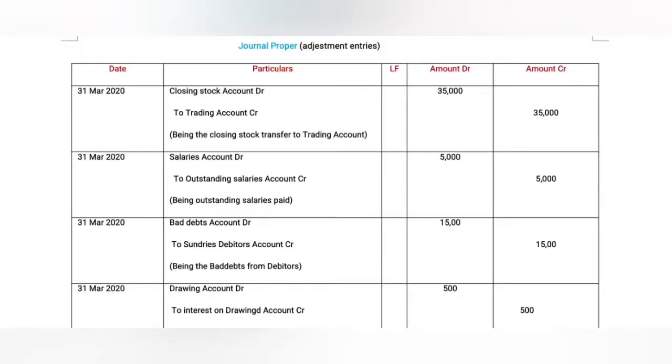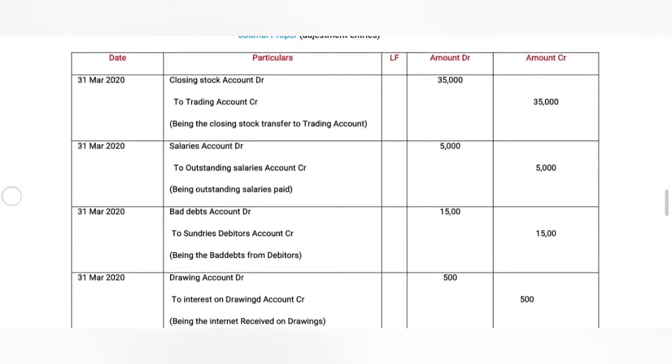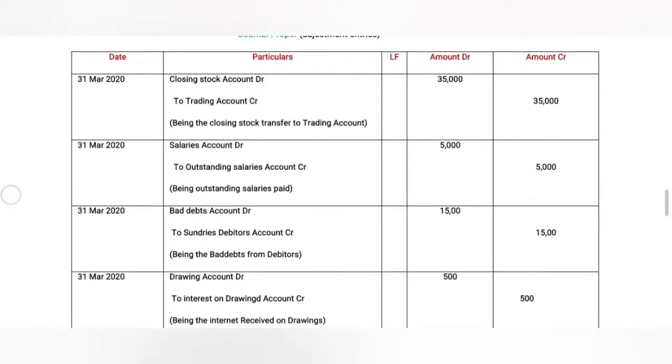We have passed all the journals, so let's check once, all the details. Now the first one, it is closing stock, amount 35,000. Closing stock is an asset, that's the reason we debit it. Closing stock is 35,000 rupees debit, whereas it is related to the trading account credit side, 35,000.